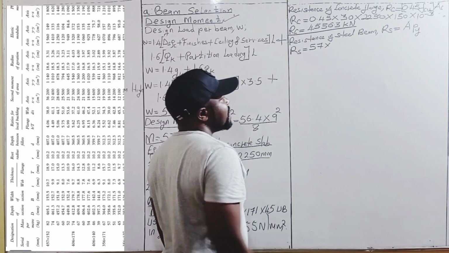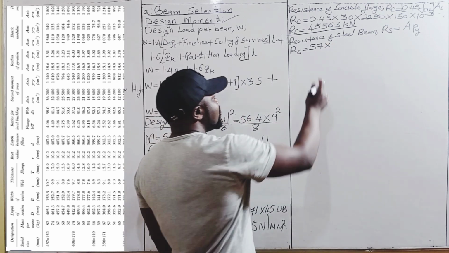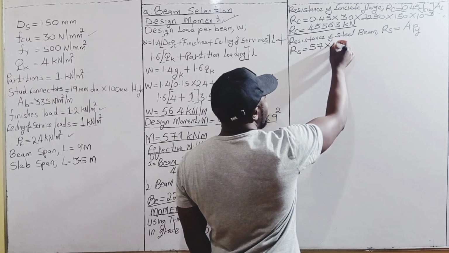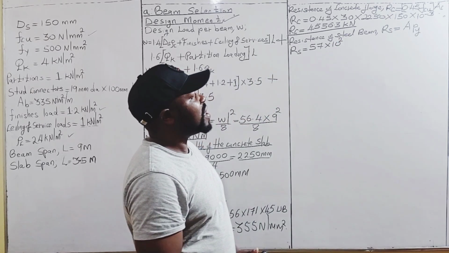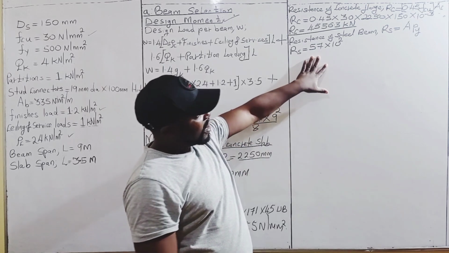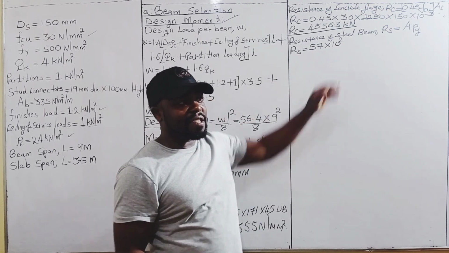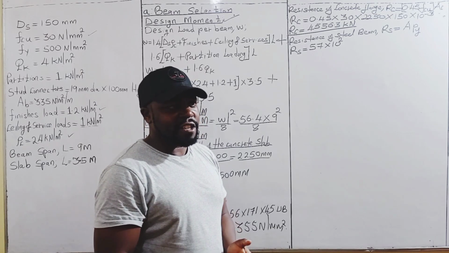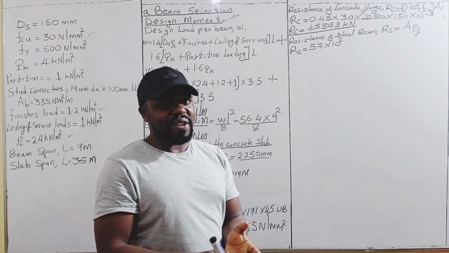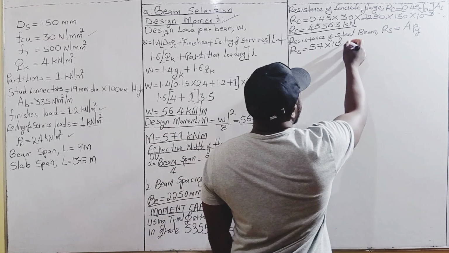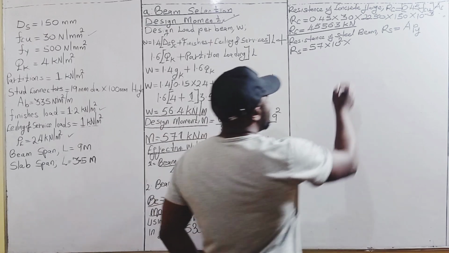So we convert 57 square centimeters to square millimeters. So we are going to multiply 57 square centimeters by 100, which will give us 57 times 10 squared square millimeters. Remember, 1 centimeter is equivalent to 10 millimeters. Therefore, when you square the centimeter, you also square the millimeters. Then you multiply by 355 newtons per square millimeters.